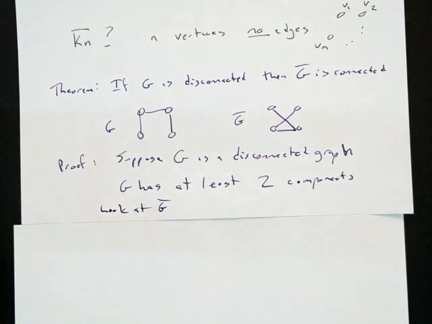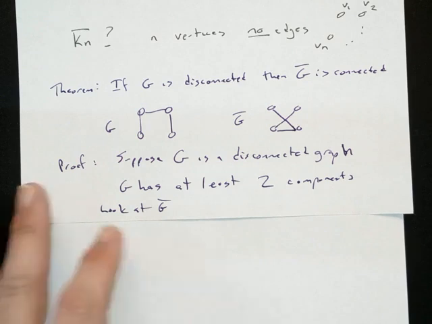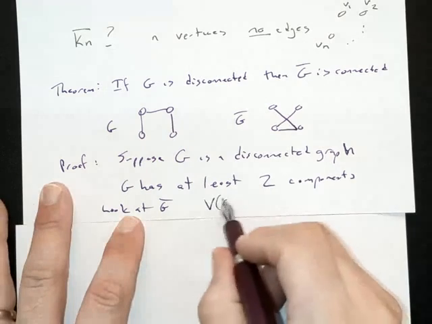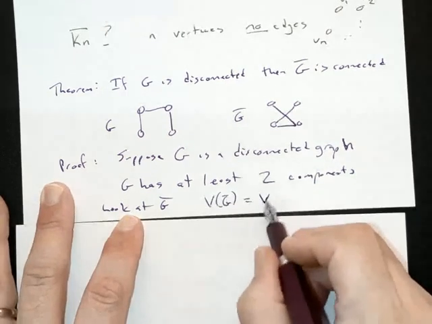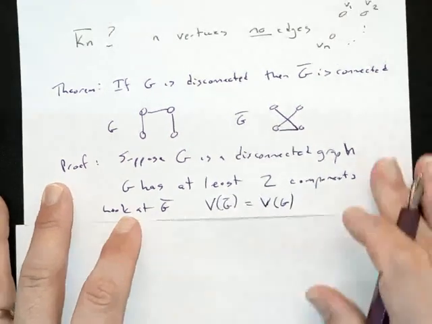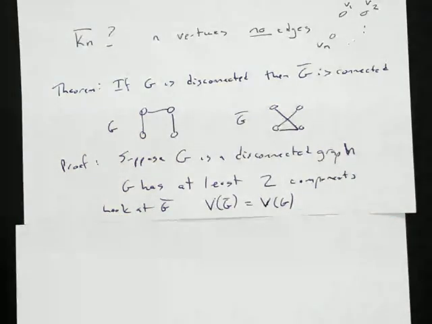Now let's look at the complement. I know that those vertices are the same as the vertices in G, right? The vertices in G bar are the same as the vertices in G. What do I want to show?